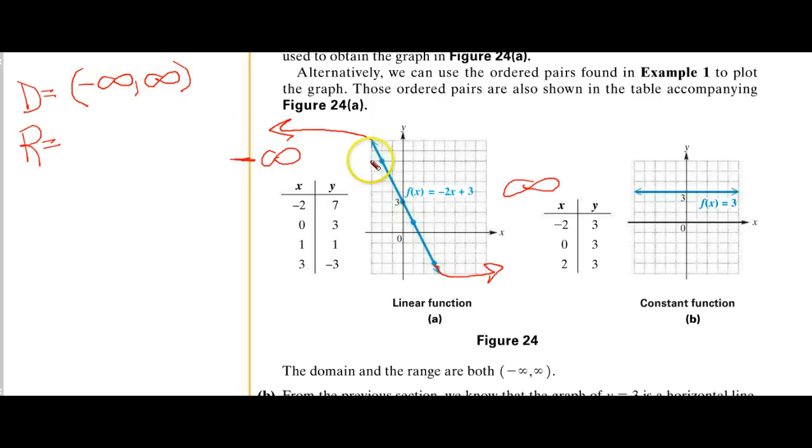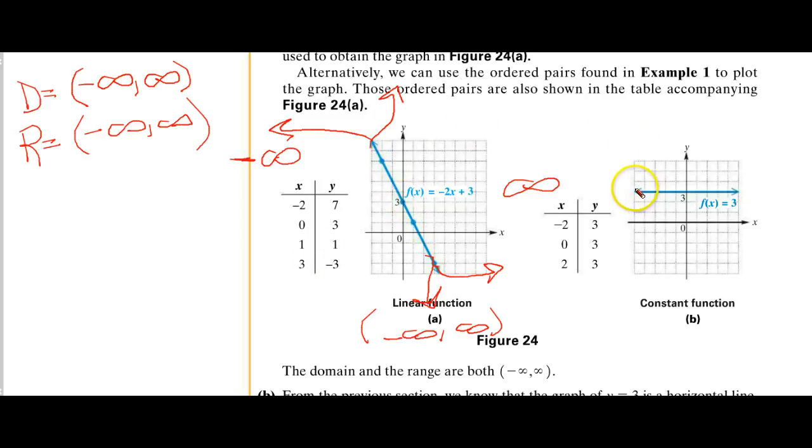Now, for the range, this eventually is going to go up this way and down that way for our y values. And again, it's coming from down here, negative infinity, and going to positive infinity up there. So it's the same for both. And that would be true for negative slope and positive slope.